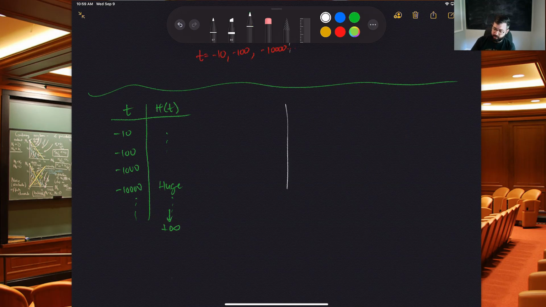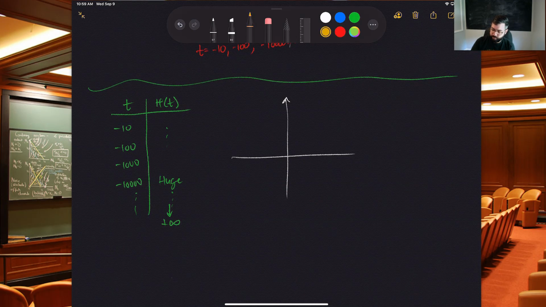If you looked at the graph, why does that make sense? The graph of this curve was like this, and it leveled off at like 68. But what happens as t approaches negative infinity? There's negative infinity down here. What's happening to the outputs?